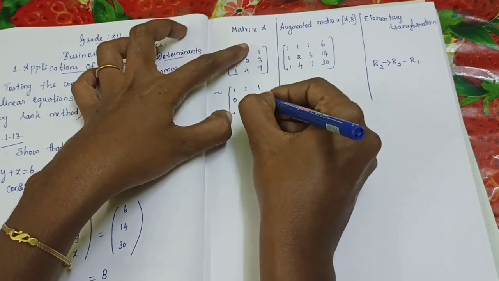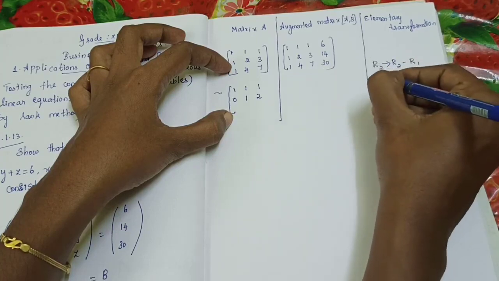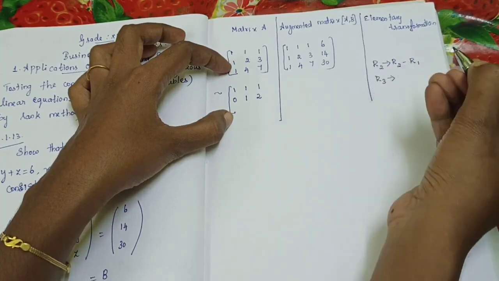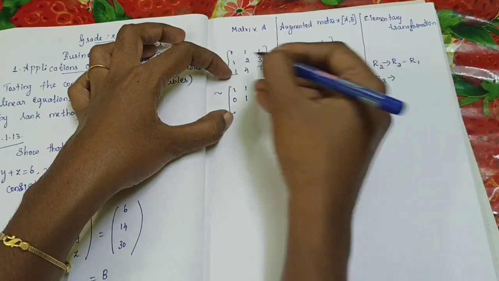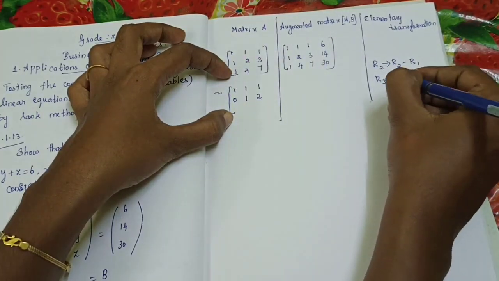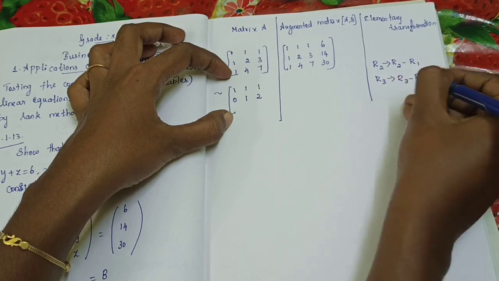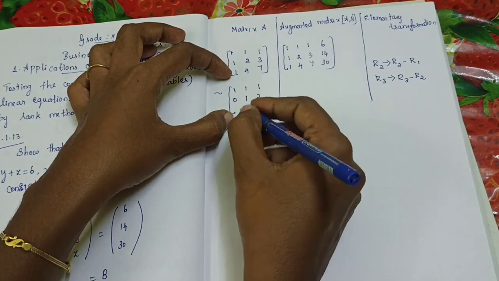one, 3 minus 1, 2. Okay, so the same thing you want to do here also. Then R3 implies, this also you need to change to 0. So what are we going to do? R3 minus R2.